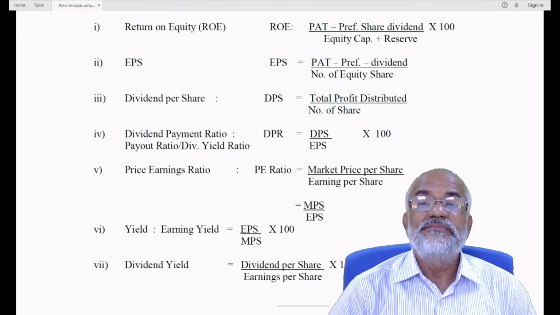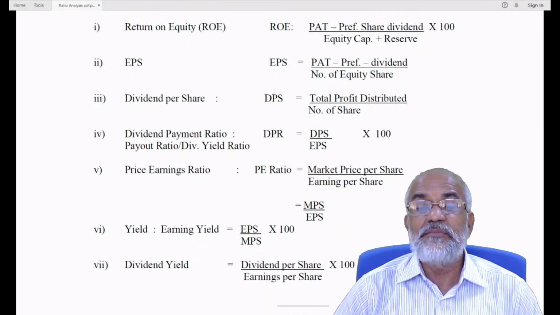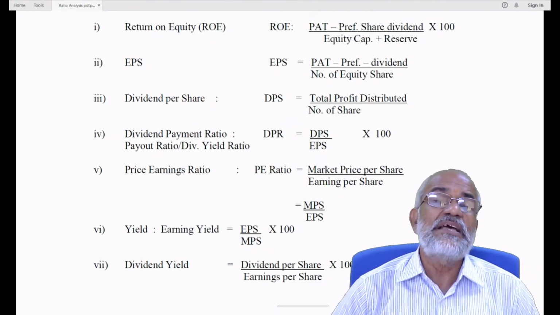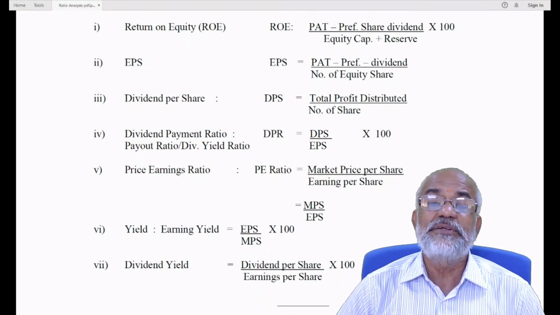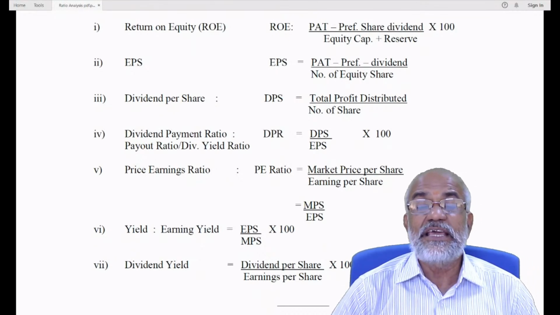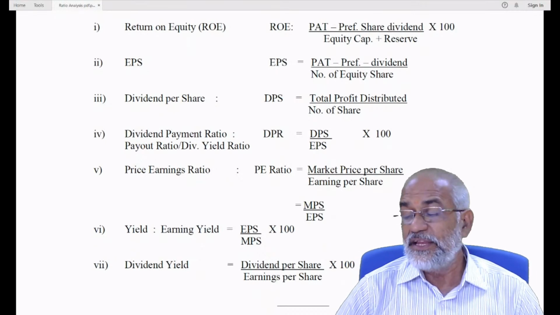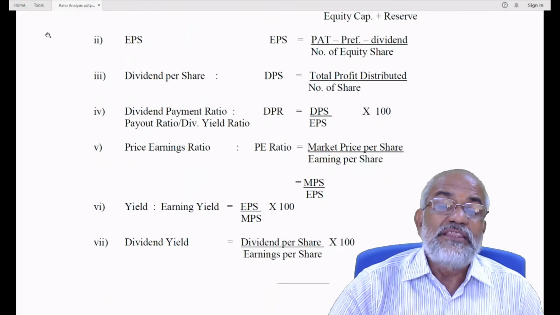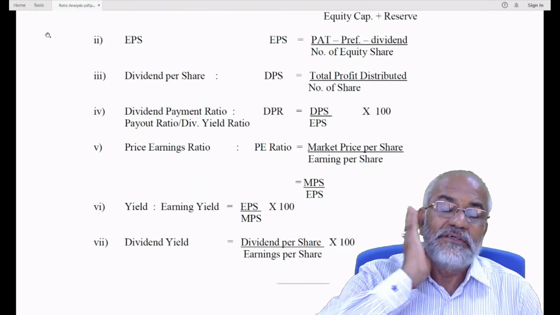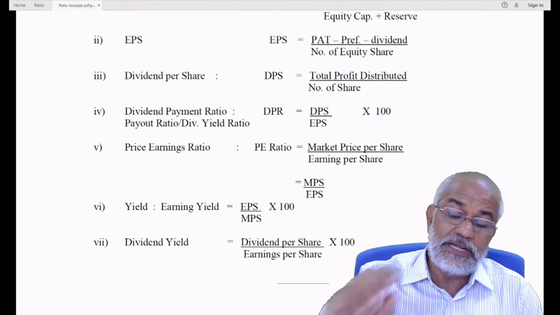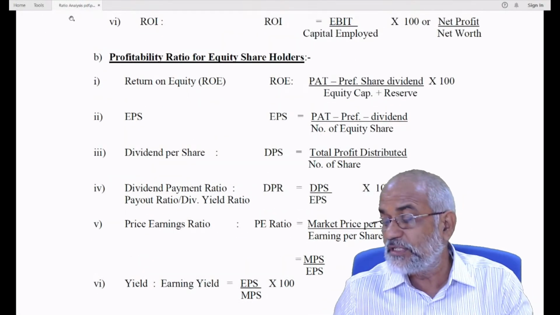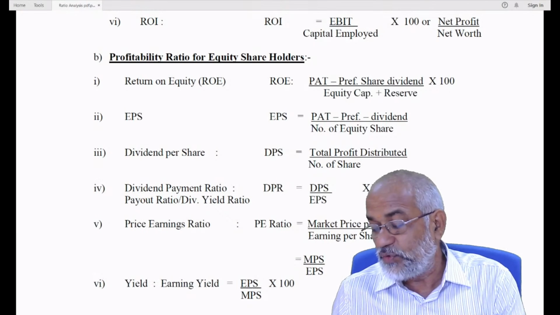Then the dividend yield ratio, which is the same as the dividend payment ratio or dividend payout ratio: dividend per share divided by earning per share into 100. In this way, the different profitability ratios in which the shareholders are interested can be calculated.